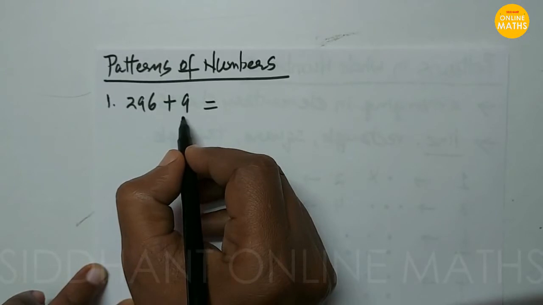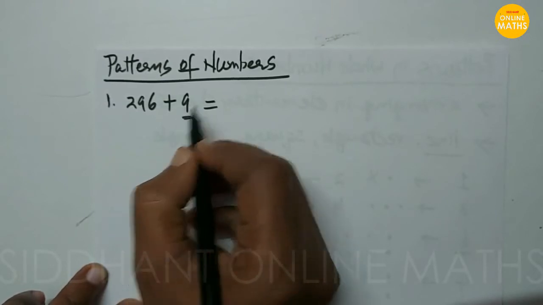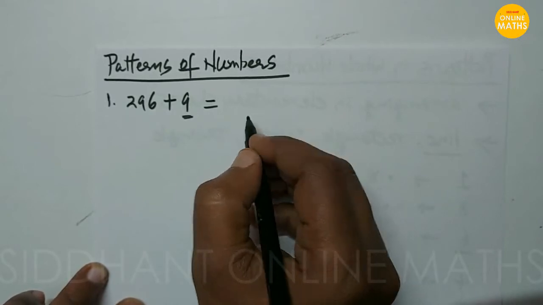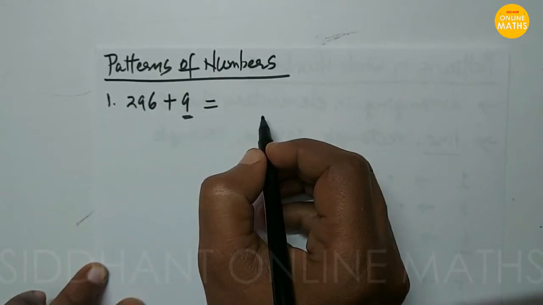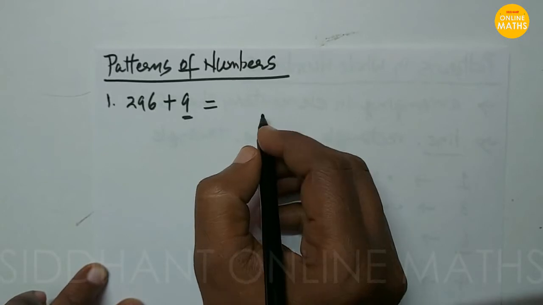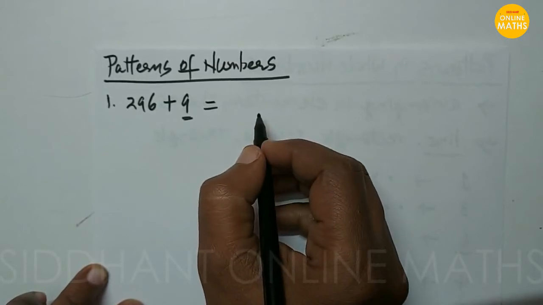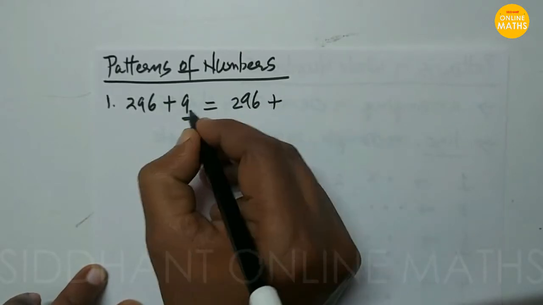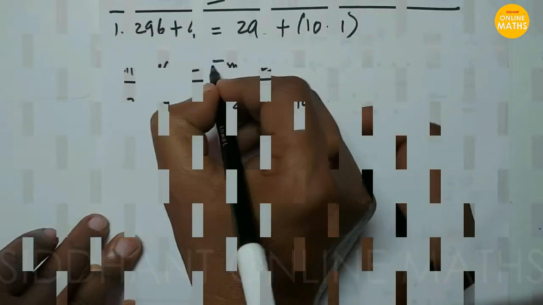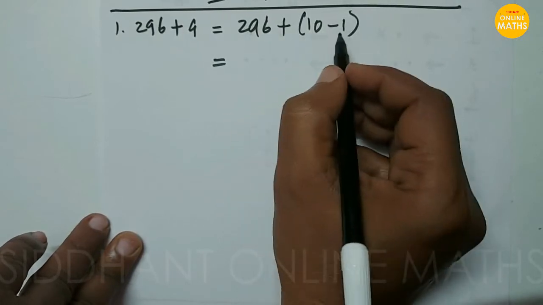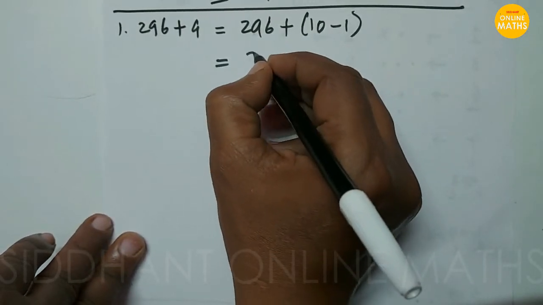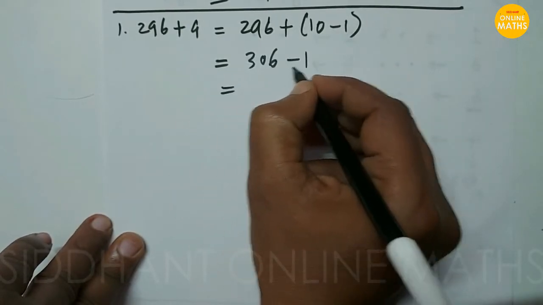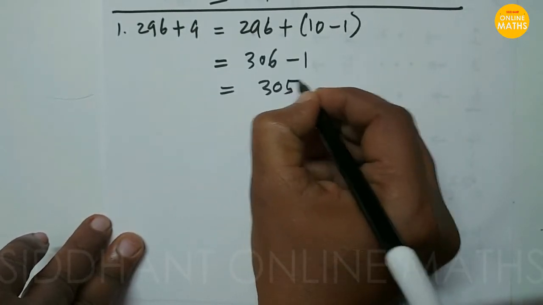Whenever you see the number 9 here, we convert it, 9 can be written as 10 minus 1 here. So we are applying the distributive property here, and we are going to simplify the problem. So in 296 plus 9, this 9 can be written as 10 minus 1, and we know 296 plus 10 will be 306, and 306 minus 1 will be 305.